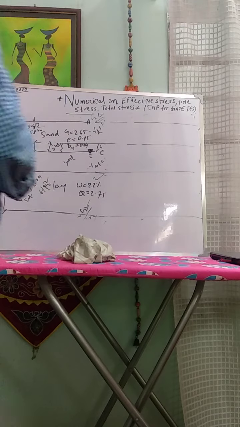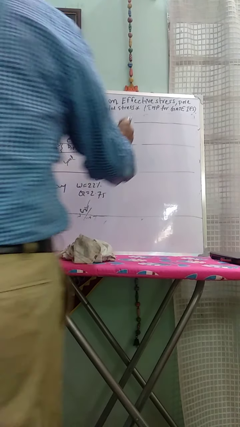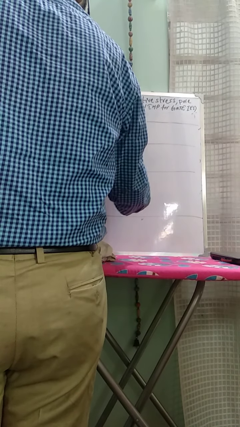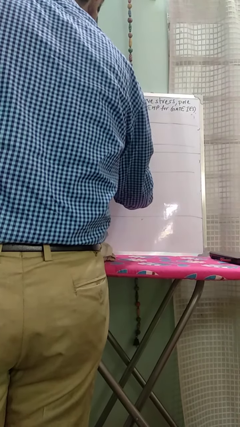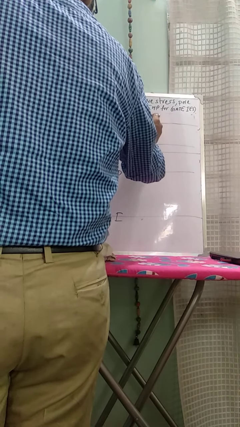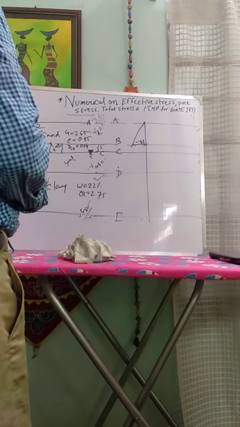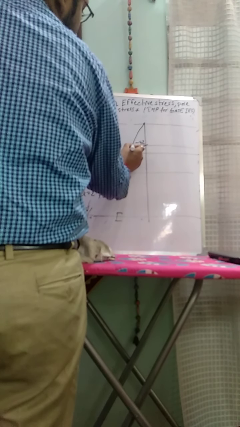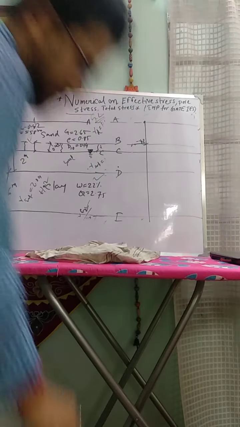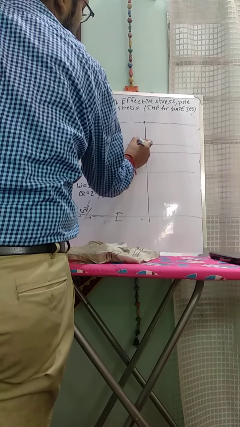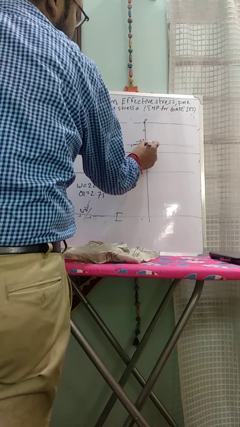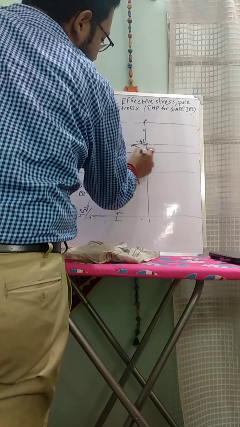Now for neutral stress, this is A, B, C, D, E. Neutral stress at A is 0, at B it is minus 0.42, at C it is 0, and stress starts from here.